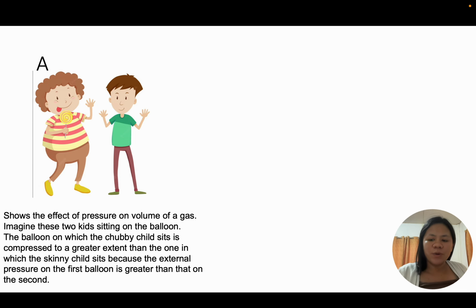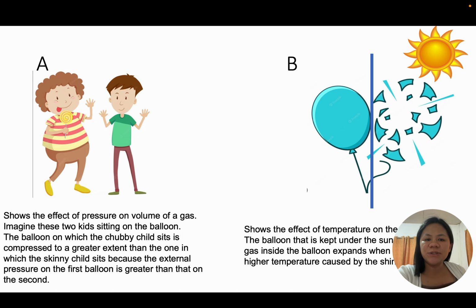On the next example, we have the relationship between temperature and the volume of gas. Take note, if you bring a balloon to a sunny area, it will not pop immediately, but later on it will pop.